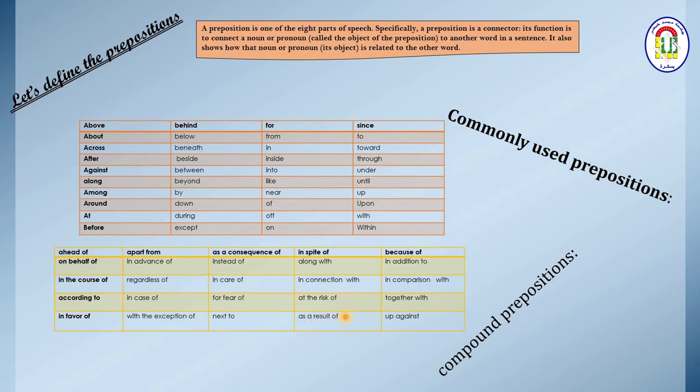They are all based on the noun inside. Because of normally has a noun phrase or a gerund phrase after it, but not a sentence. In comparison with, together with, up against. All of these are called compound prepositions, and the others are just single prepositions.